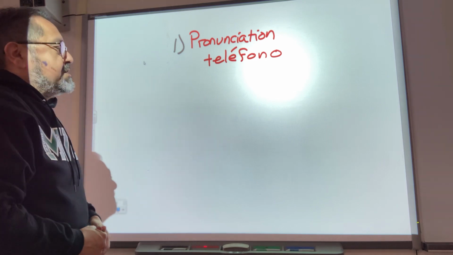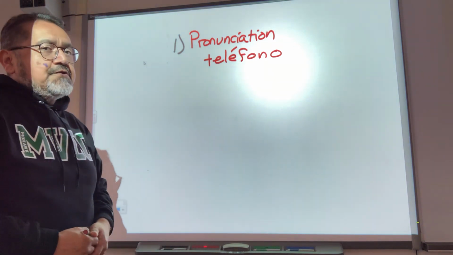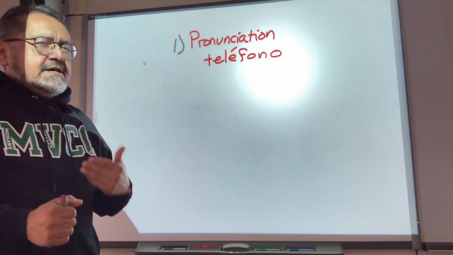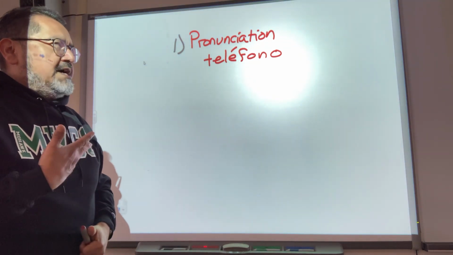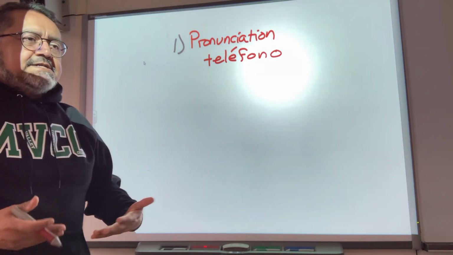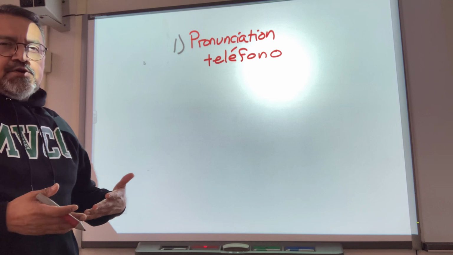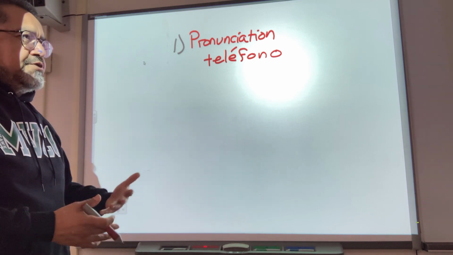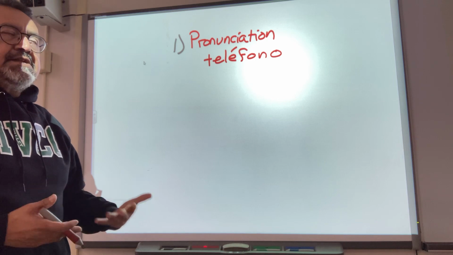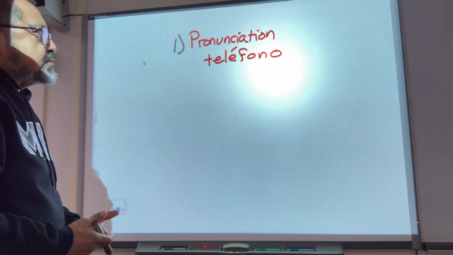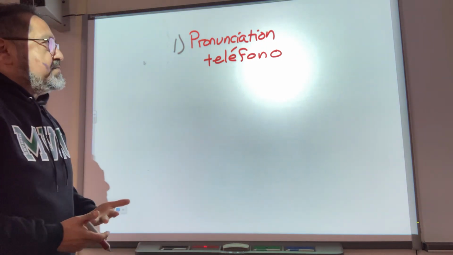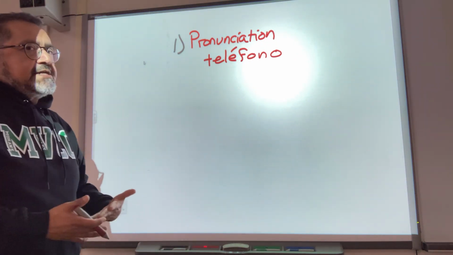A lot of you might be tempted to say telefono, because, and once again, this is all at the end of that first chapter, I think it's page 17, might be page 18, where it explains how Spanish and English are pronounced, and there are certain pronunciation things that we do. But whenever the word doesn't follow those pronunciation rules, we put an accent mark so that you know how it should be pronounced.